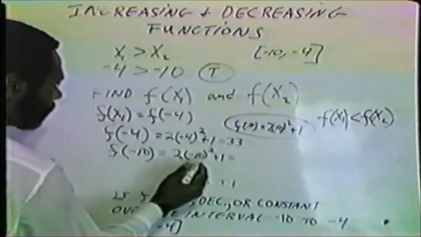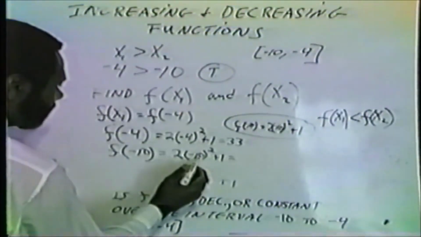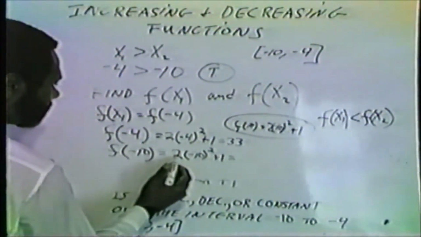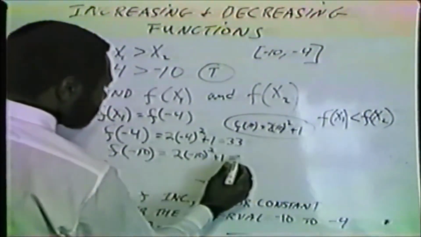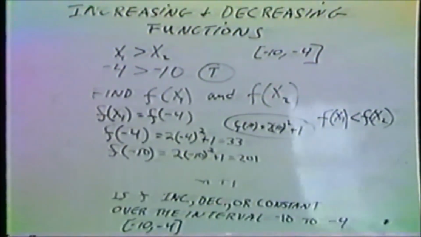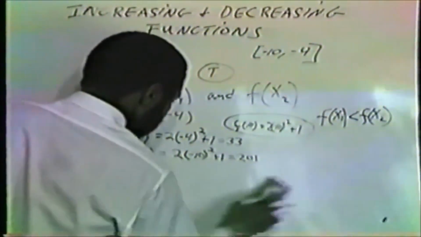Negative 10 squared is what? 100, right? 100 times 2 is 200, plus 1 would give us 201. So that's what f of negative 10 is equal to.